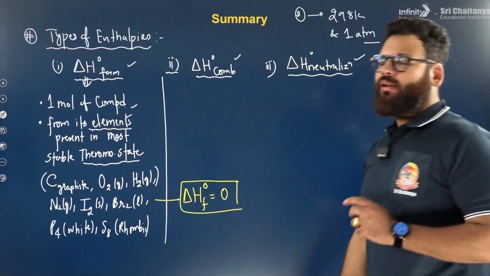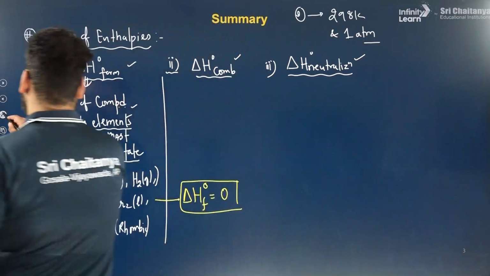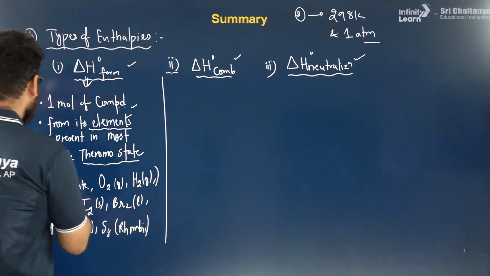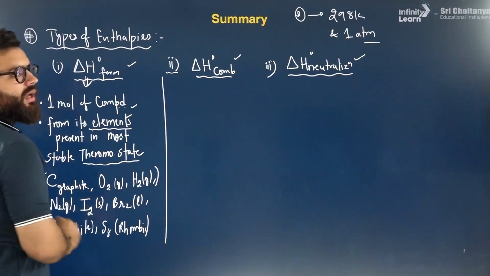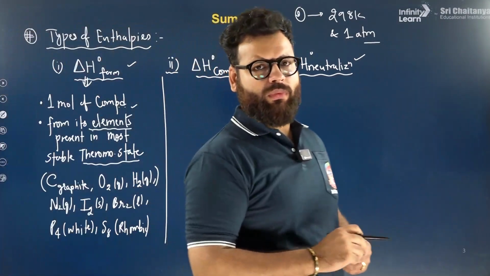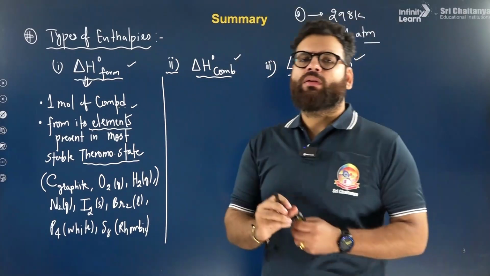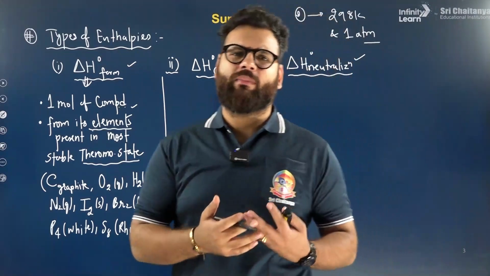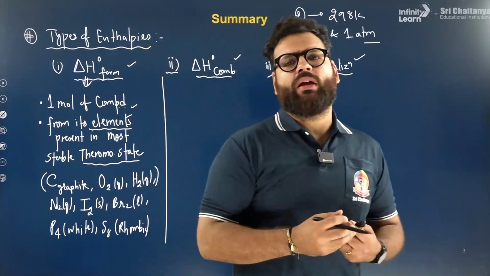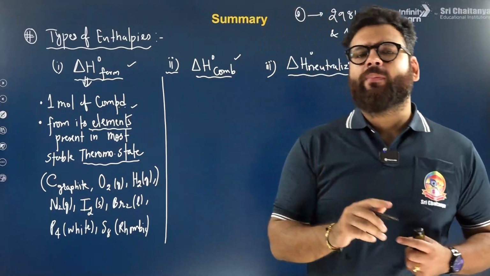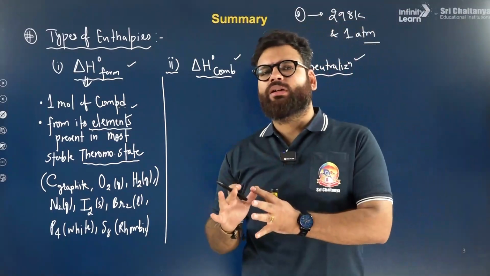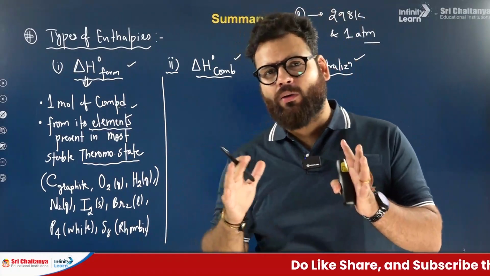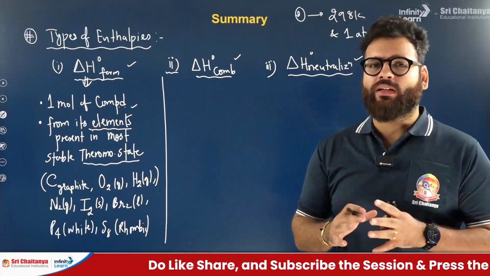Then we move on to the second type of enthalpy, which is going to be combustion enthalpy. Now, what is the meaning of combustion? Combustion means burning with oxygen. So you take 1 mole of a fuel, mostly we'll take a fuel only, like CH4, ethane, benzene, cyclohexane. 1 mole only you must take and completely burn it with oxygen to give CO2 and H2O, and a lot of heat will come out always.